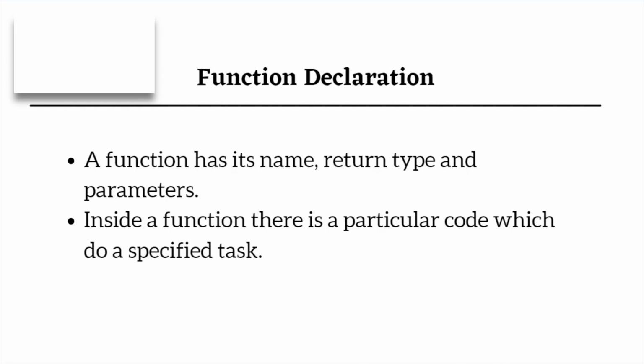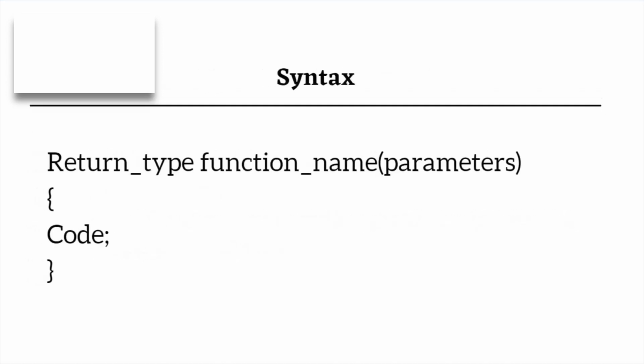A function has its name, return type, and parameters. Inside a function there is particular code which does a specific task. As we already said in the previous slide, every function performs a particular task. So what is the syntax?